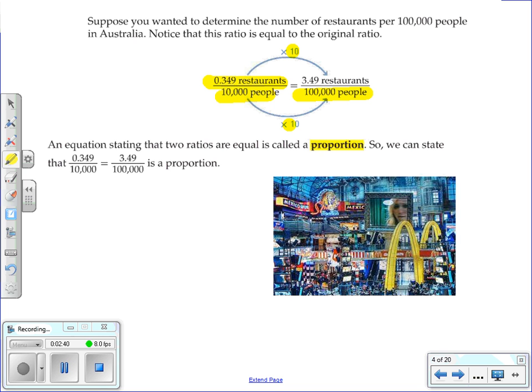If we wanted to find out how many restaurants per million people, again, multiply by 10, and we'd get 34.9 restaurants per million people. Two equivalent ratios, right, are called a proportion. There's another vocabulary word, proportion. Two ratios that are equivalent.